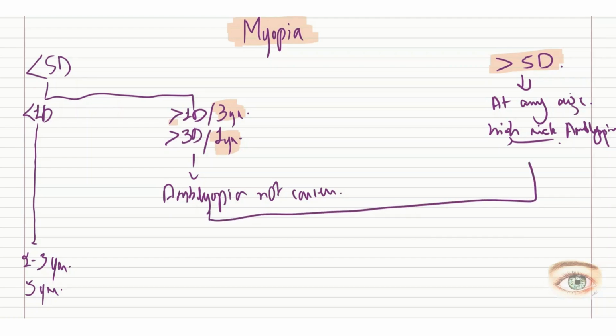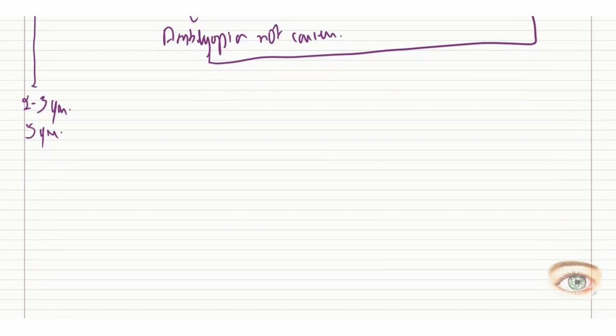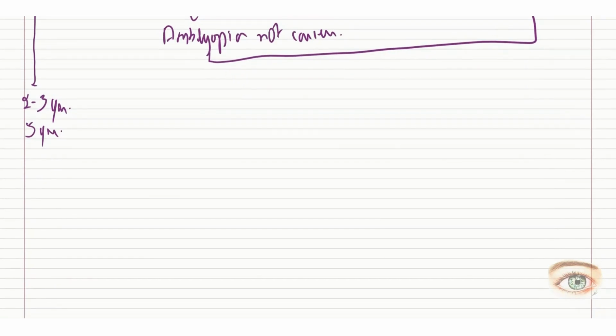Now, there is another possibility. What if there is also a deviation present? We are not going to get into whether it is phoria or tropia, if it is exophoria or exotropia, or if it is esotropia or esophoria. Remember, if it is exo and the patient has a minus number, we are going to give full correction.